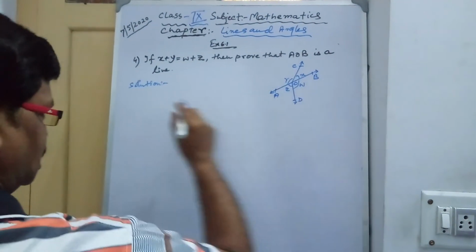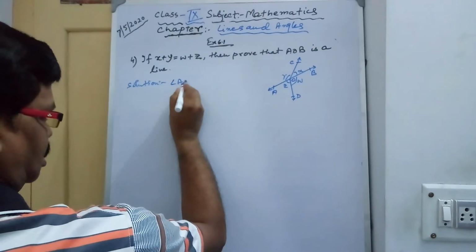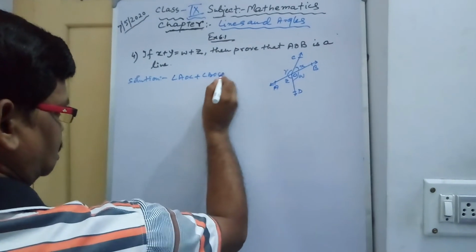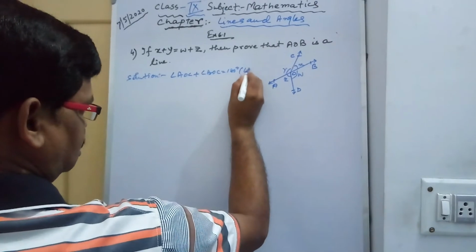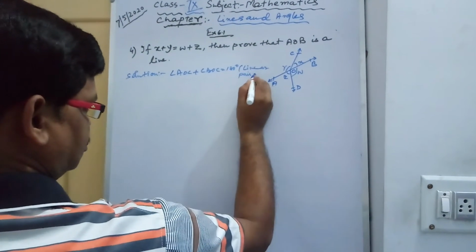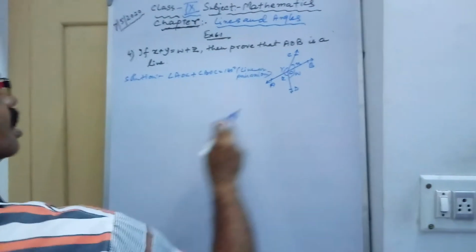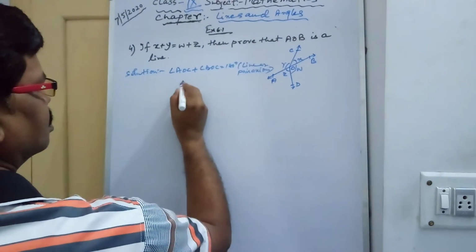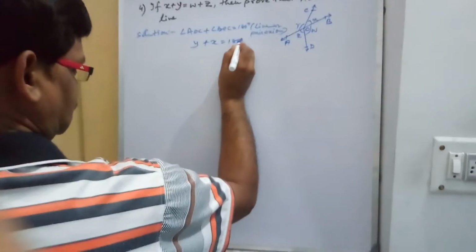Now solution. AOB is a straight line. So angle AOC plus angle COB equal to 180 degrees, reason linear pair axiom.